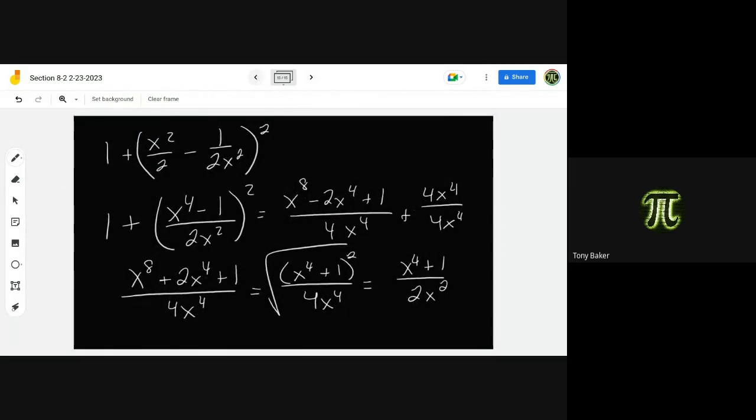Which part are you mixed up on? So this was this plus this squared. When you square the x to the 4th minus 1, you should get that there.